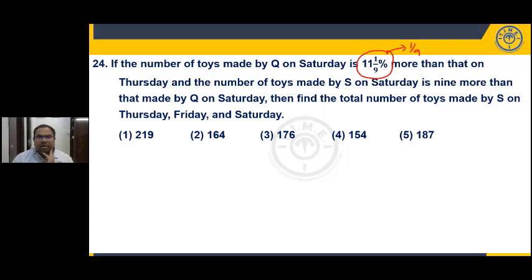Number of toys made by S on Saturday is 9 more than that made by Q on Saturday.